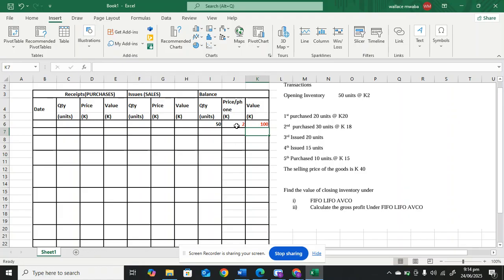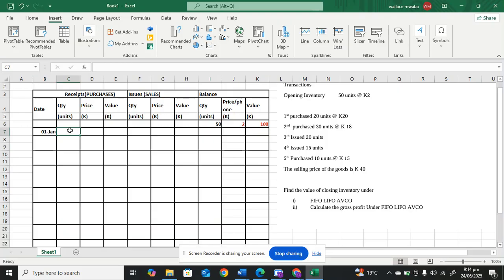The next, we're going to go through our transactions. On the first, this company purchased 20 units at 20 kwacha each. So here on the date, you're going to put the first.